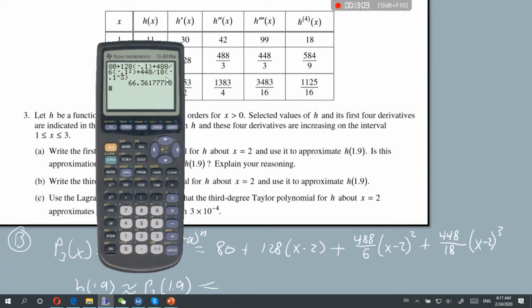Maybe I need to redo these parentheses. Nope.